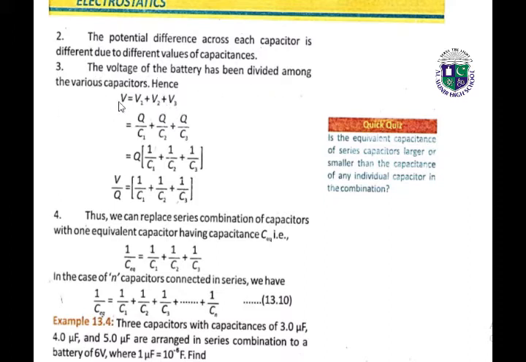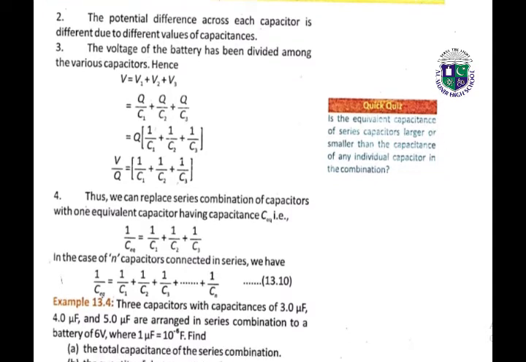Look here, V is equal to V1 plus V2 plus V3, as we have studied above, which is equal to Q over C1 plus Q over C2 plus Q over C3. If we take Q as common, it will be 1 over C1 plus 1 over C2 plus 1 over C3. So we can say that V over Q is equal to 1 over C1 and so on.